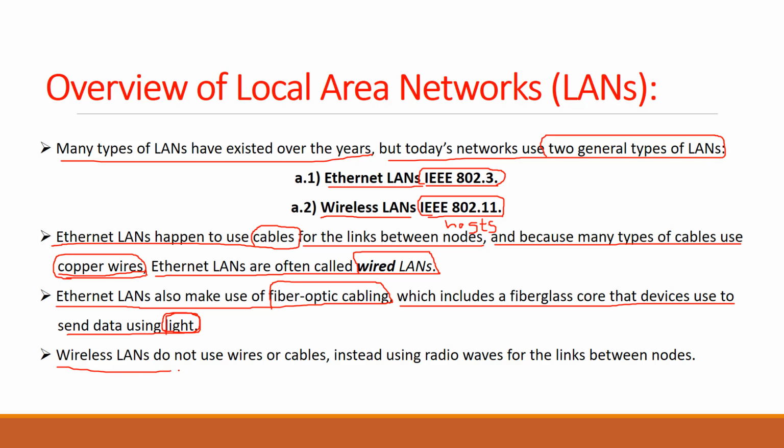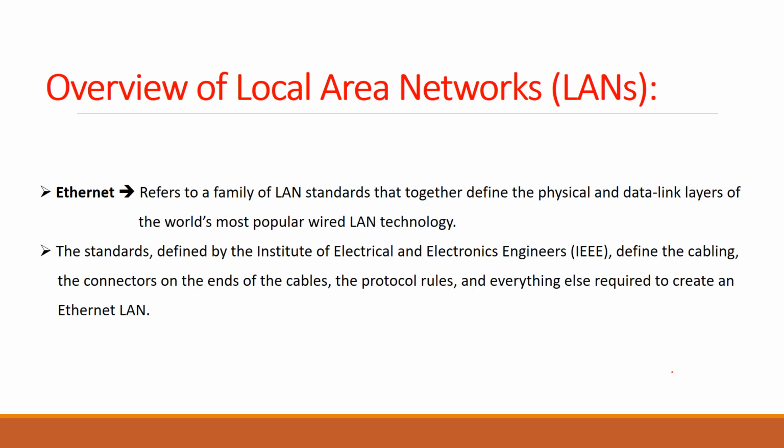The wireless LANs do not use wires or cables, instead using radio waves for the links between nodes. So wireless LANs do not use any type of cabling, whether it is copper wires or fiber optic cable. Instead, they use radio waves through the air.